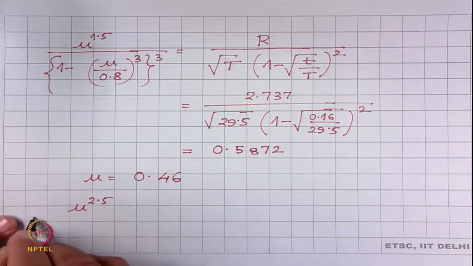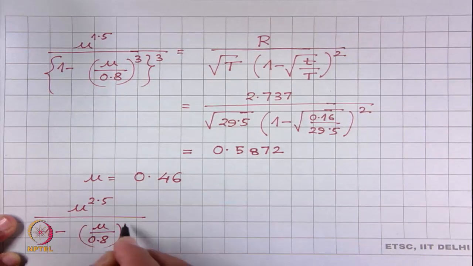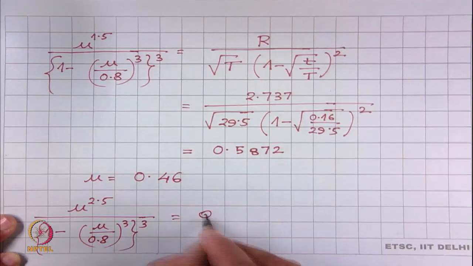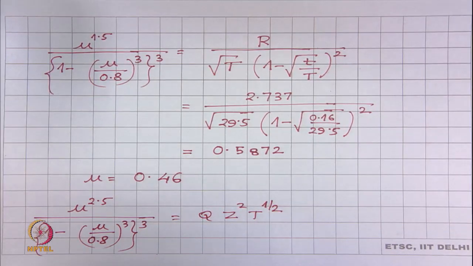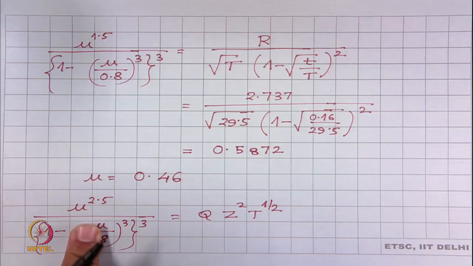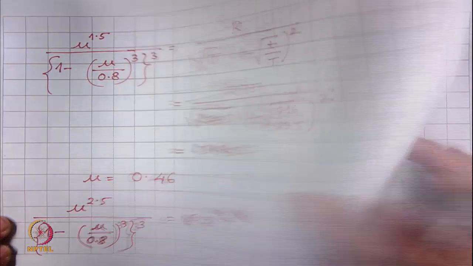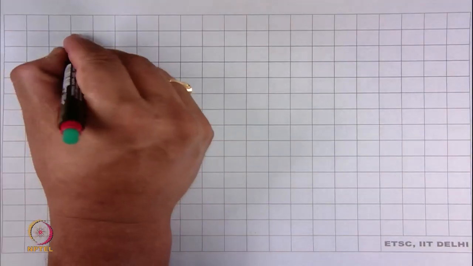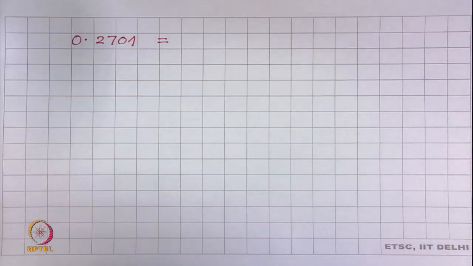2.5 (1 minus 0.8 mu) cube to the power 3 equals q z square T to the power half. If we now substitute mu 0.46 here, then we will find this value is equal to 0.2701 equals q.